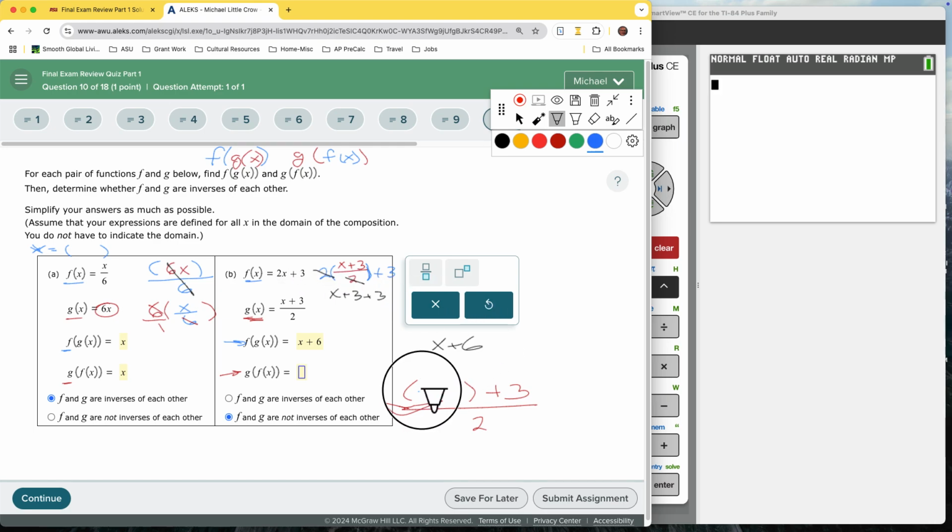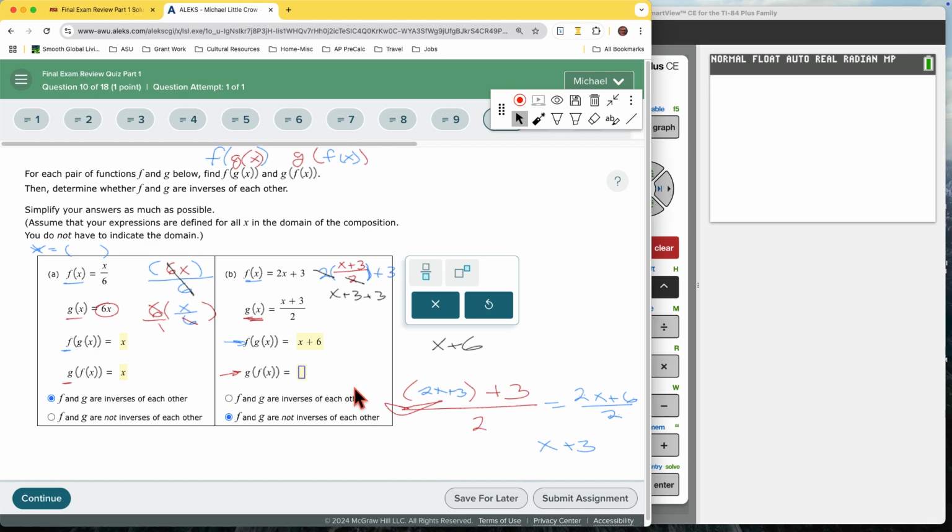The 2x plus 3. Following order of operations, 2x plus 3 gives us 2x plus 6 over 2. Now you can divide the 2 into each of these, through distributing. 2x divided by 2 is x, and 6 divided by 2 is 3. So x plus 3, still not equal to just x.